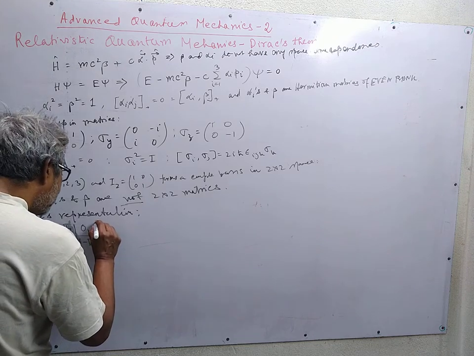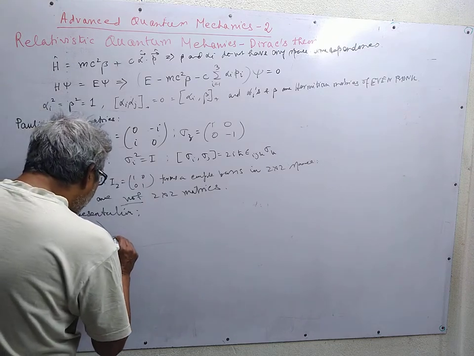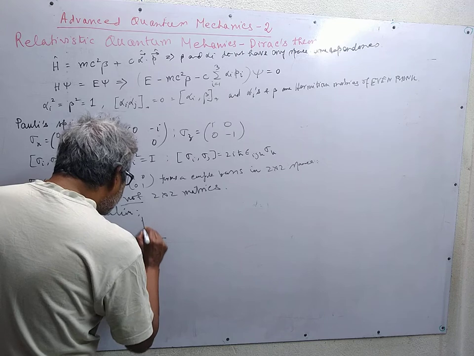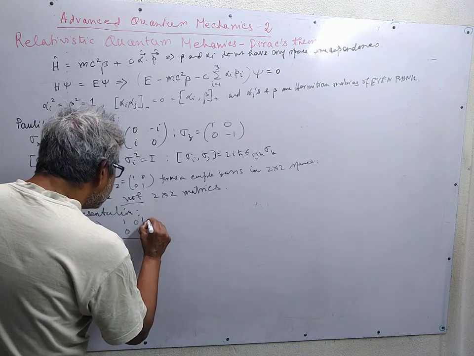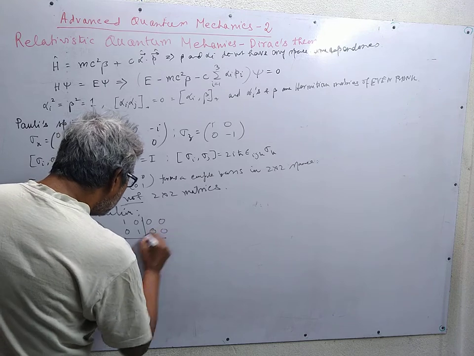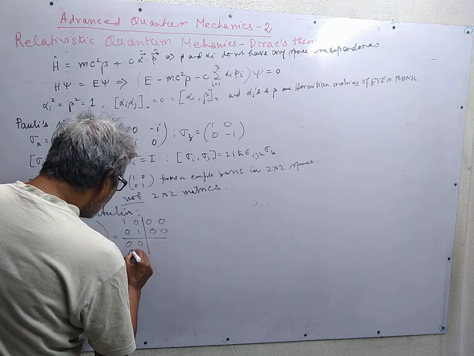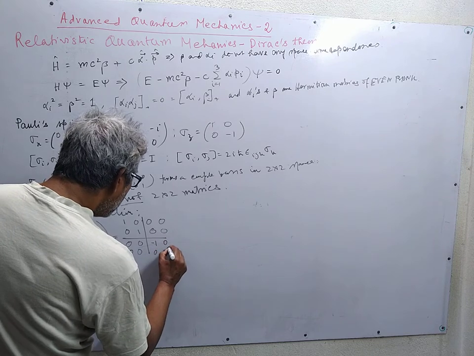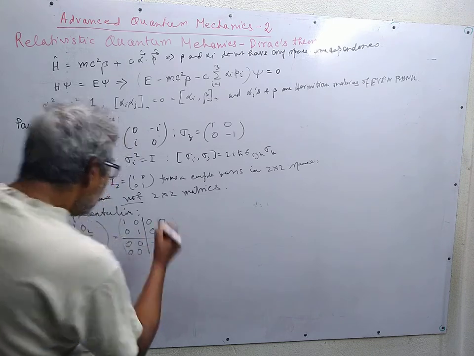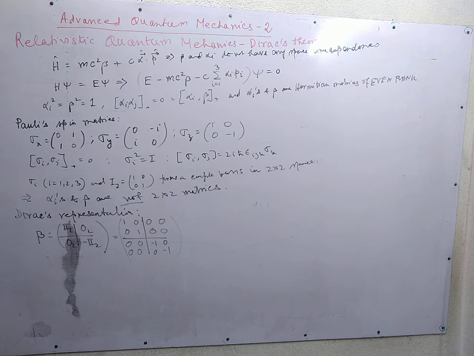This was Dirac's assumption. If we write it explicitly, this becomes 1 0 0 1 0 0. This is the matrix for beta as per Dirac's choice.